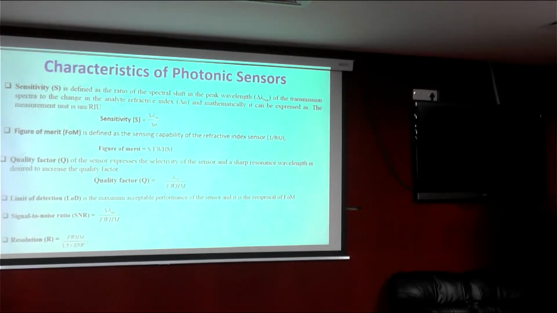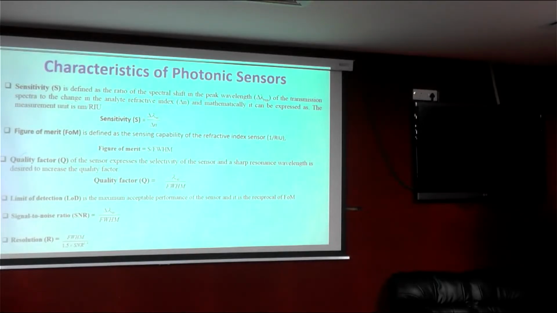As I have told you, photonic sensor has ultra high sensitivity. What does that mean? Sensitivity is defined as the ratio of spectral shift in the peak wavelength of the transmission spectra to the change in the analyte refractive index, and mathematically sensitivity is the shift in wavelength divided by the change in refractive index.